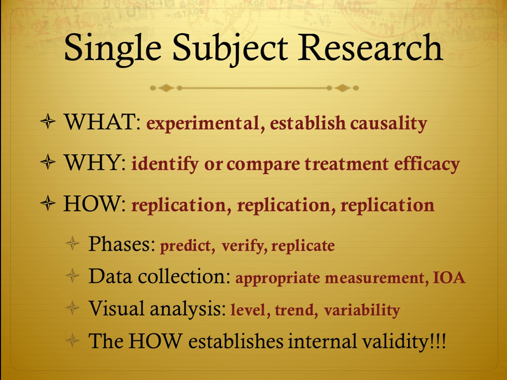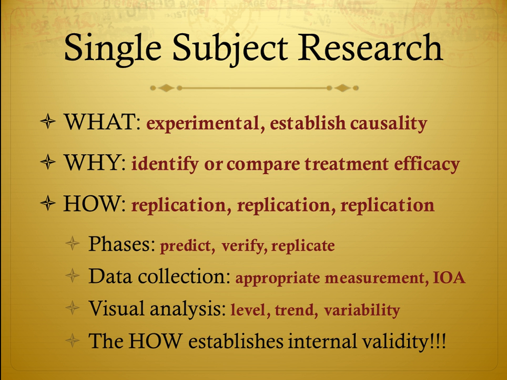Again, something we will get to in class. Data collection, we will explore more in class. How do you select appropriate measurement? The thing IOA, you will hear that a lot in your statistics and measurement courses. And what is IOA? What does it mean? The long version is inter-observer agreement. We will discuss that in class as well.